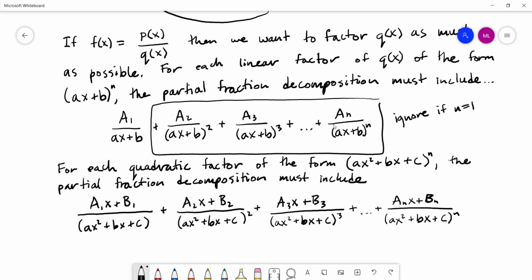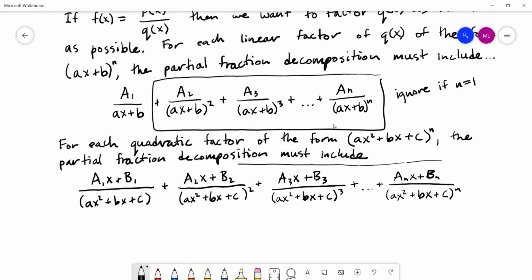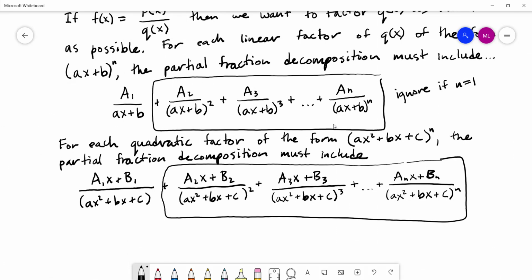Okay, so this looks awful, and quite frankly, it is awful, but again, we can ignore all of these if n is equal to 1, so if it's only of multiplicity 1, we can ignore all of those. So this is kind of a general approach. There are other ways to think about this. You may have learned this another way if you've seen this before.